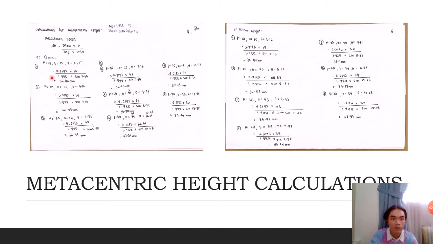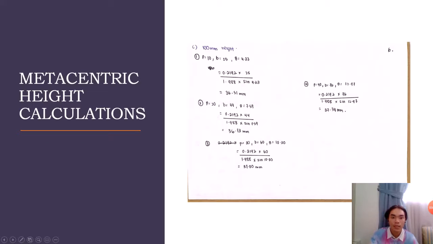So we have 0.2192 times 15 divided by 1.988 times sine 2.6 degrees. So we are left with the metacentric height of 36.46 millimeters. This is how I calculate the metacentric height for 100 millimeter height.